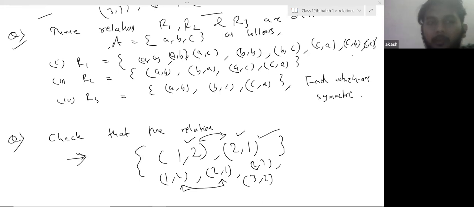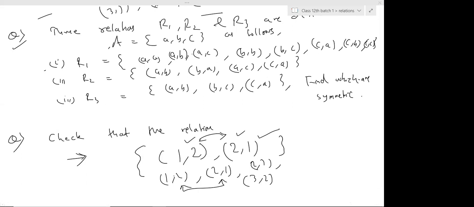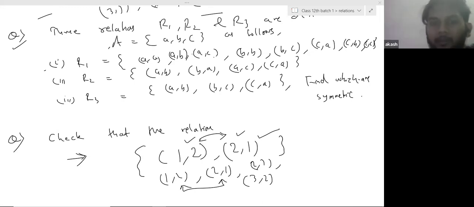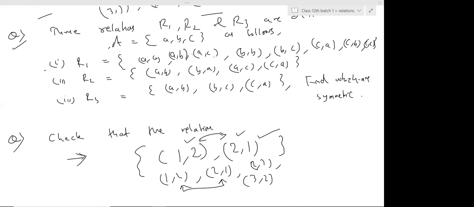Kulsum, is R1 symmetric or not? No. Why not? B comma A is not there. So everyone who said symmetric, why so? Because for A comma C there is C comma A, and for B comma C there is C comma B. Right.